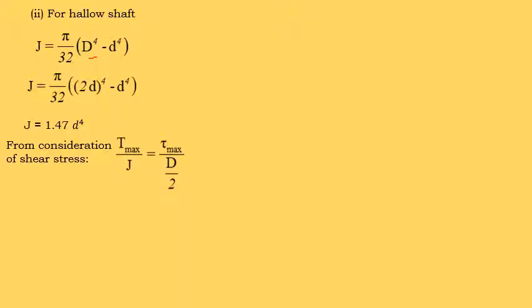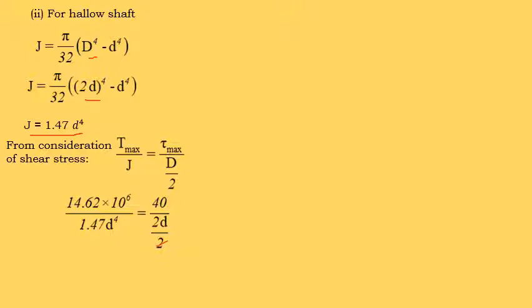Next, from the consideration of shear stress, the torque equation becomes T max divided by J is equals to tau max by D by 2. So in this equation, substitute T max 14.62 into 10 to the power of 6, and J we got 1.47 d to the power of 4, and tau max given in the problem 40. Next, in place of capital D, we can substitute 2 times of small d divided by 2.